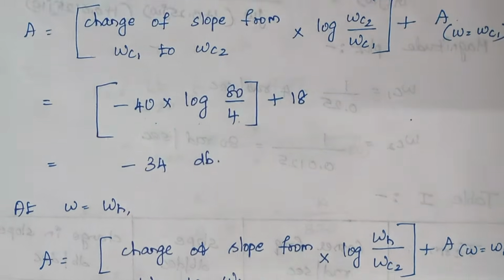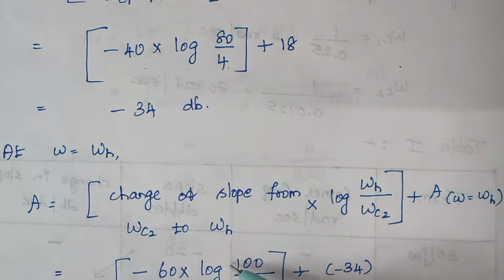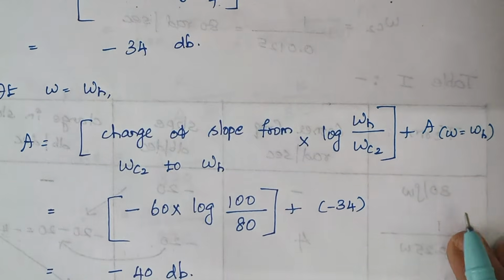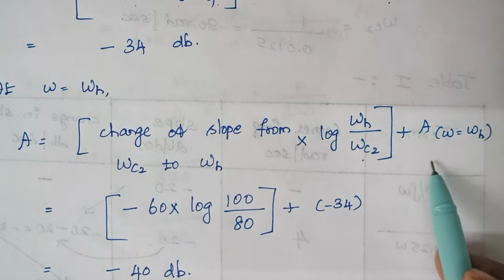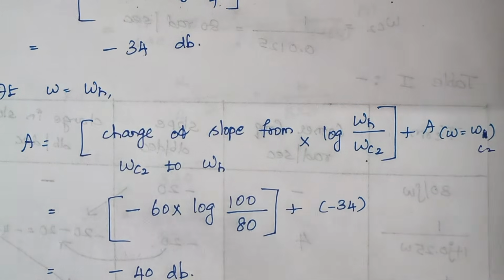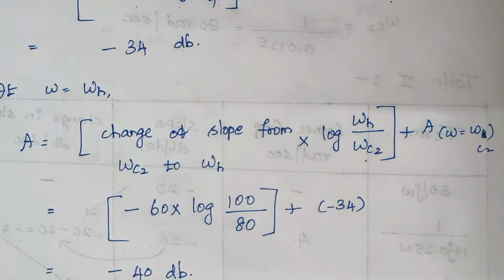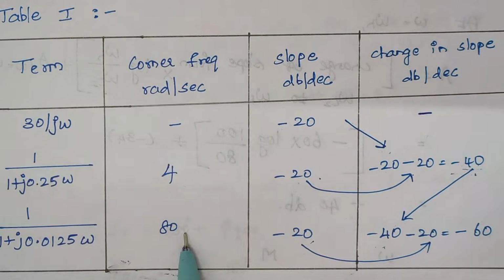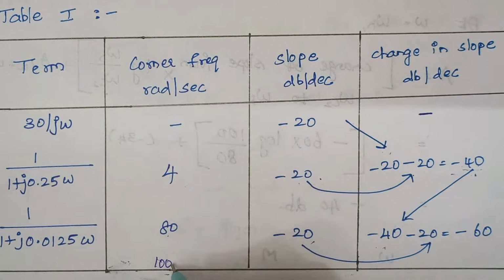And the next one is at omega equal to omega H. Again here the formula gets modified as change of slope from omega C2 to omega H into log of omega H by omega C2, plus the value of A when omega equals omega C2. From omega C2 to omega H, you see, this is our omega C2, and omega H will be next to it, because it is the next higher value.